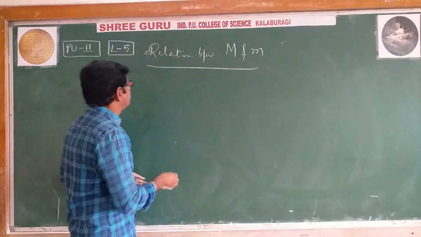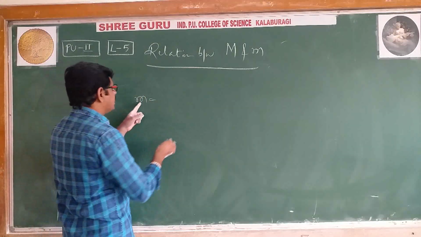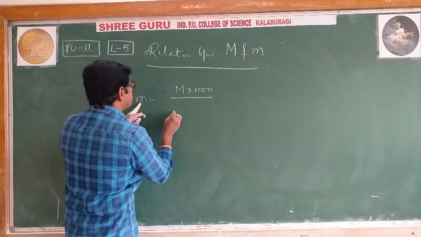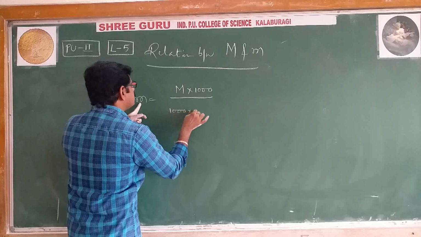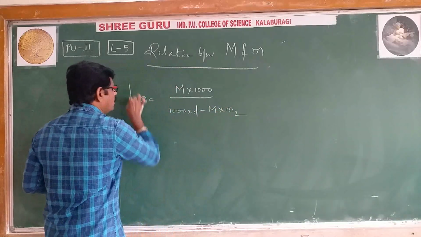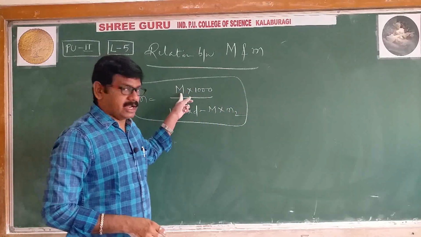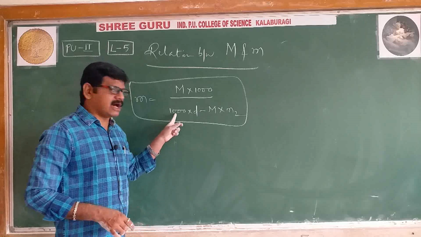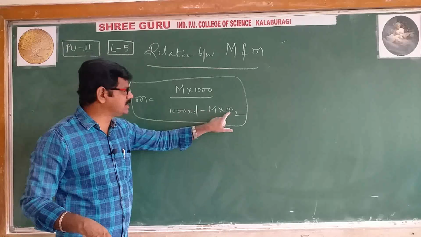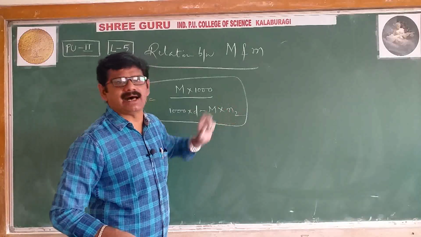Okay, now I am giving the relationship between molality and molarity. Small m equals molarity into 1000, divided by 1000 into density minus molarity into molar mass of solute. I'll repeat: molarity into 1000, divided by 1000 into density minus molarity again into M2, the molar mass of solute.